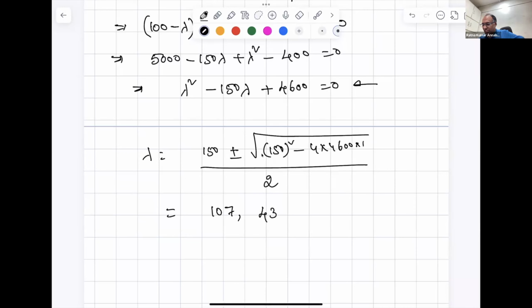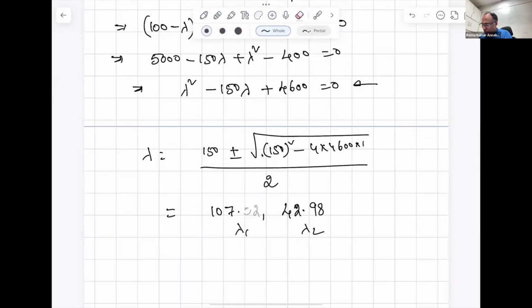That means 107 is not exact, it is 107.02 and 42.98. Correct. These are your lambda. This is my lambda 1, that is my lambda 2. So let us call them 107 and 43. Is that okay? Yes, sir.